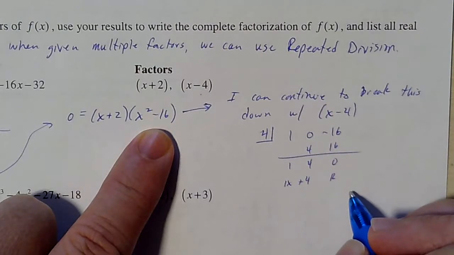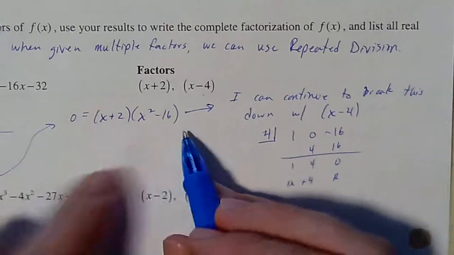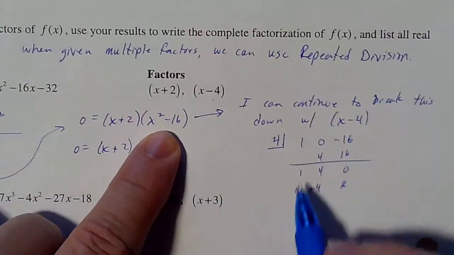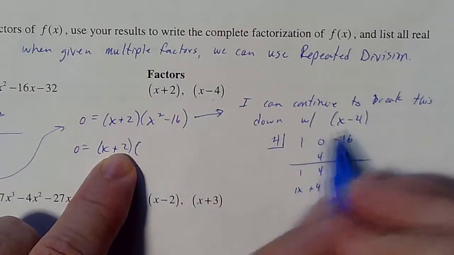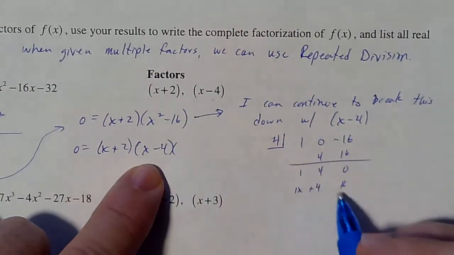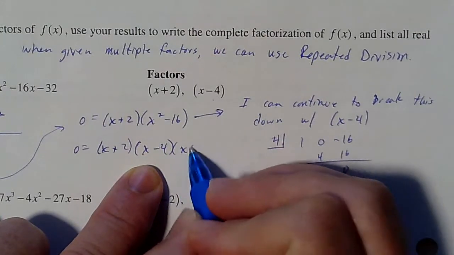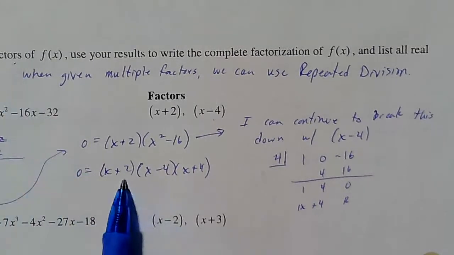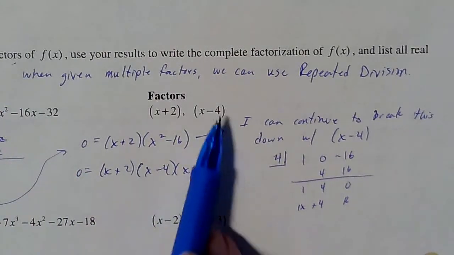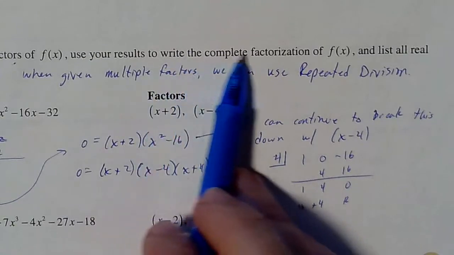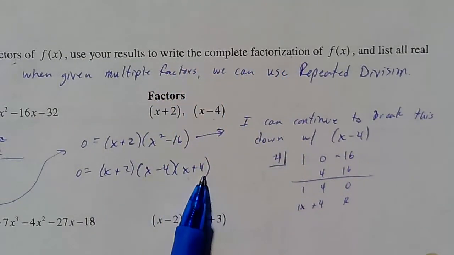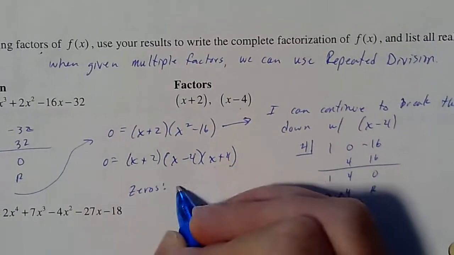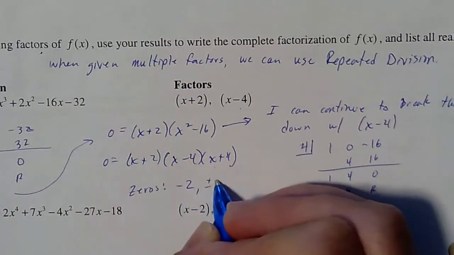Now I can rewrite x squared minus 16 as my divisor times the answer. So find the remaining factors. I did. It's really just one. They already gave us 2 of these. To write the complete factorization, check, and list all the zeros. So my zeros are negative 2 and then plus or minus 4.